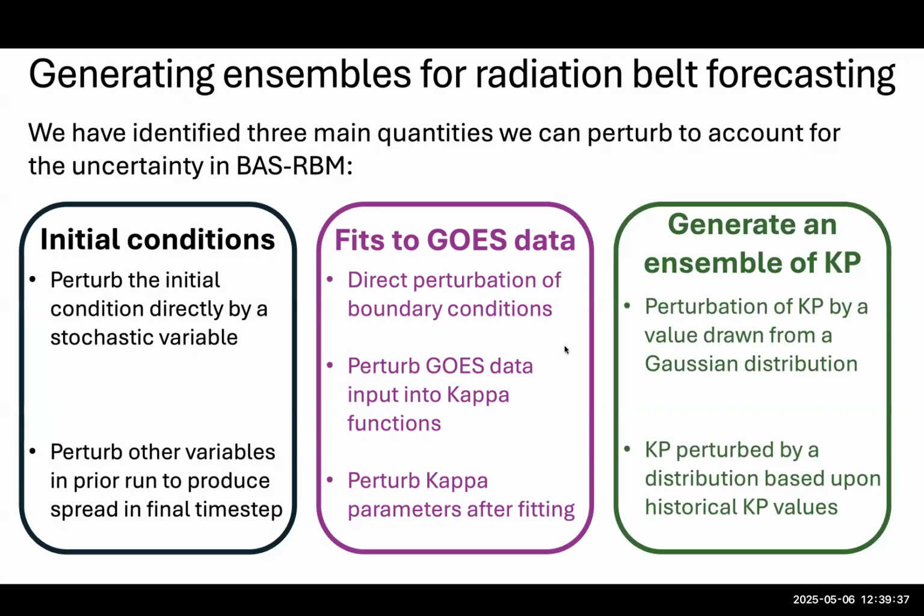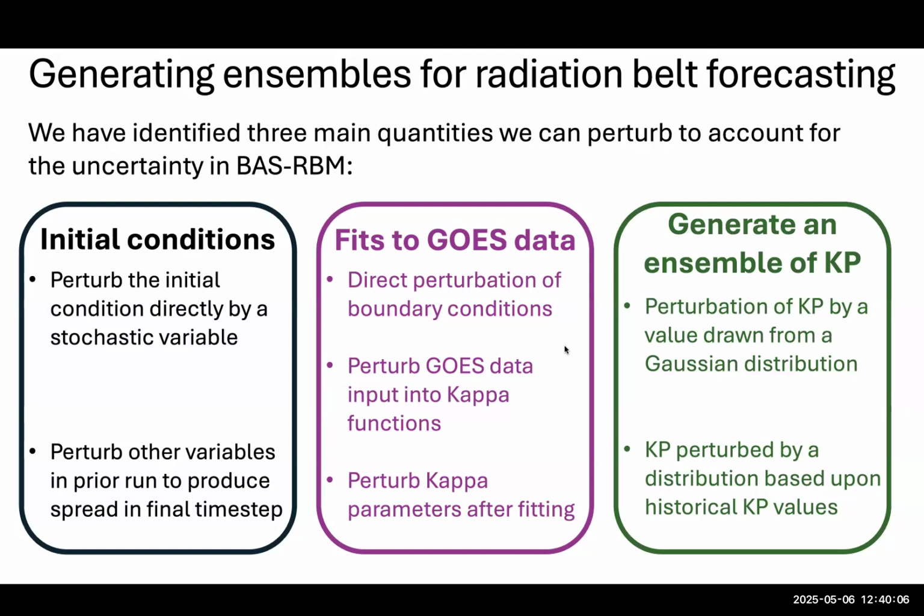And then for Kp, again, we could just do a Gaussian perturbation, which may not be the best thing. For example, if you have Kp at 9, you're not expecting a Gaussian distribution when it's bounded upwards. You're not getting higher than 9.